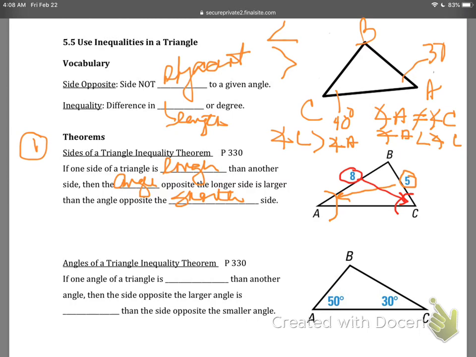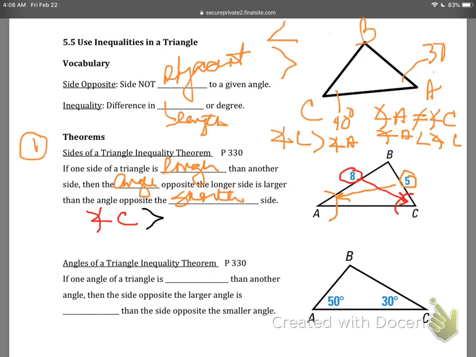So let's go back to our theorem. If one side of a triangle is longer than another, so the 8 is longer than the 5, then the angle opposite the longer side, so that is angle C, is larger. So let's change the symbol.